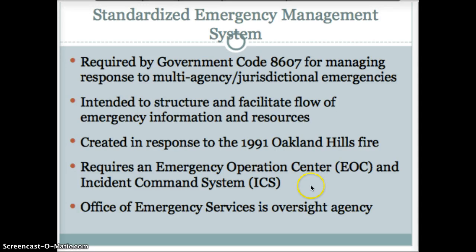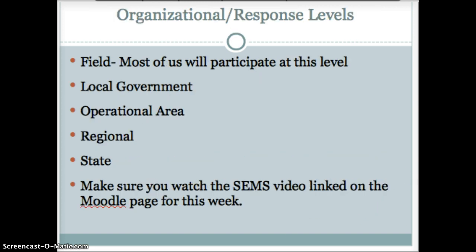So they required an emergency operations center to be set up with an incident command system and with the Office of Emergency Services as the oversight agency. There is a web page that will give you this info and a whole lot more, but I'll just go over it in an overview.